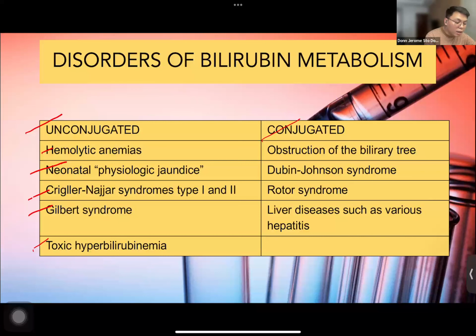So for conjugated hyperbilirubinemia, that's obstruction in the biliary tree, Dubin-Johnson syndrome, a problem in the MRP2 transporter, Rotor syndrome, a problem in your OATP transporter, or liver disease like hepatitis.